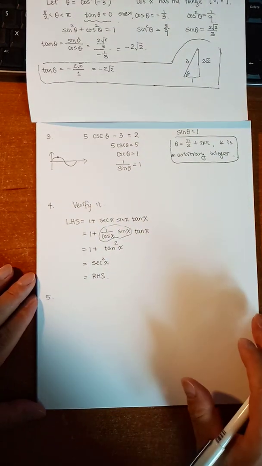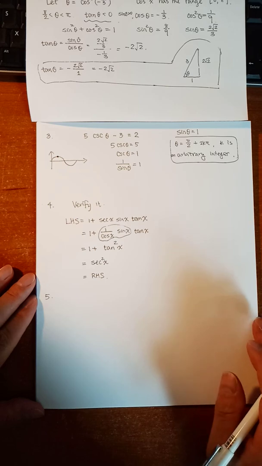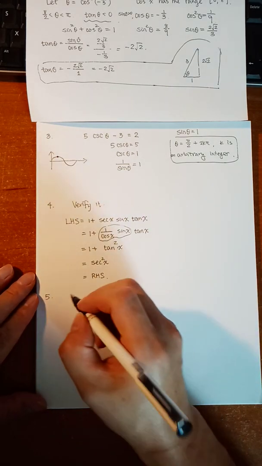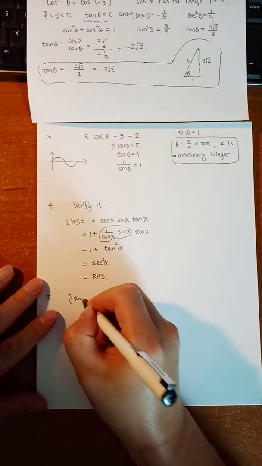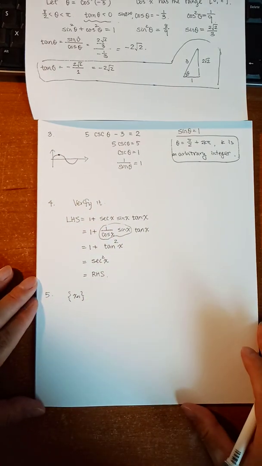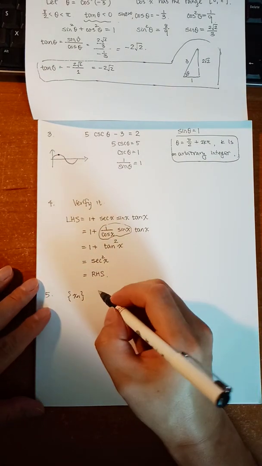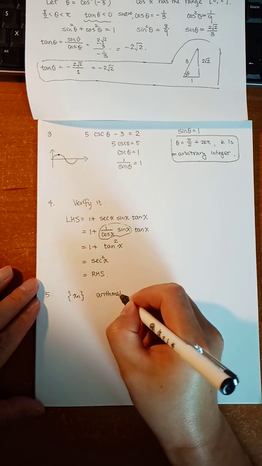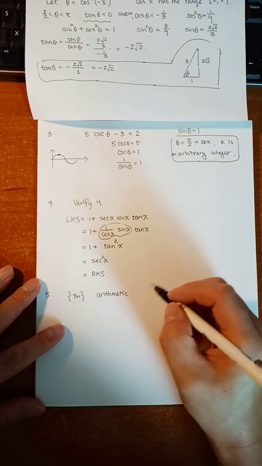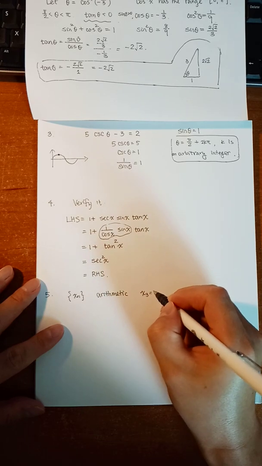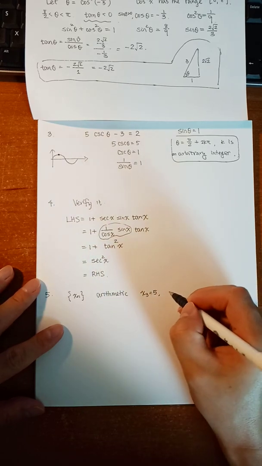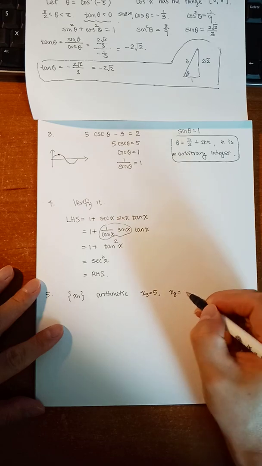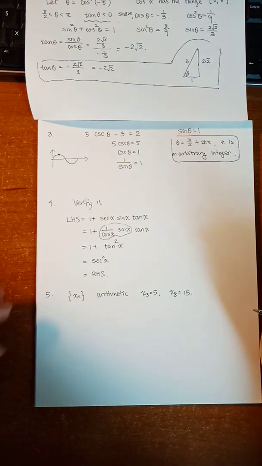Okay, problem 5. Assume we have an arithmetic sequence, and we know that x3 is 5 and x8 is 15.